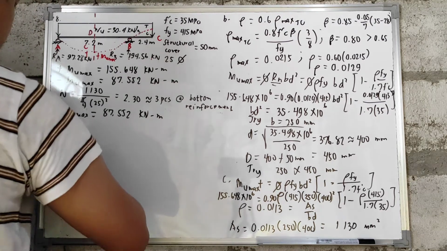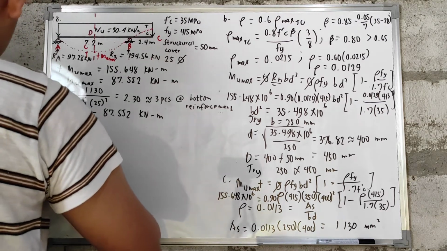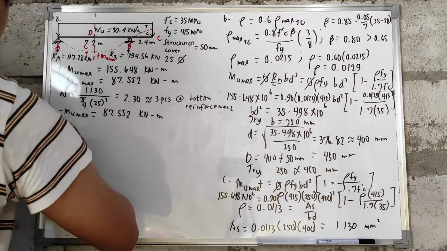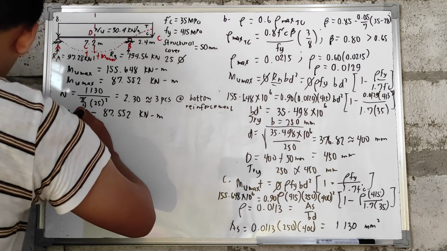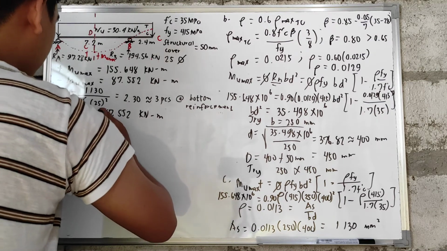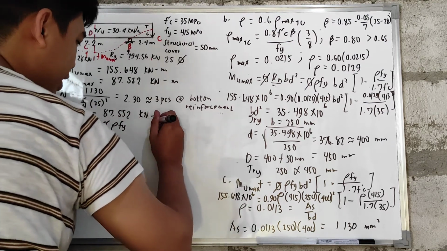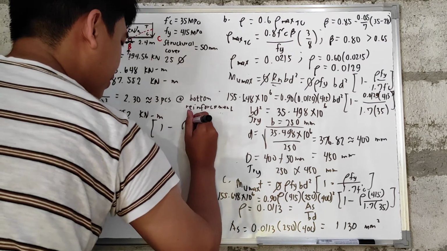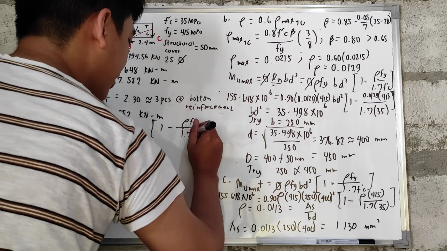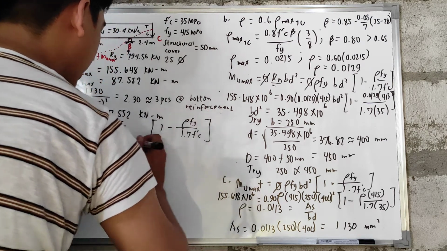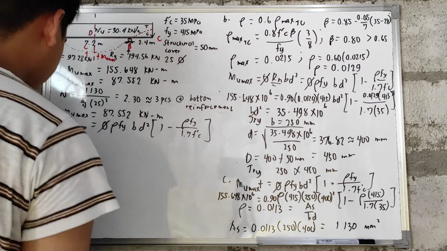With this, we will just use the formula for our Mu capacity, that is rho Fy multiplied by 1 minus rho Fy over 1.7 of F prime C, and then multiplied by bd squared.